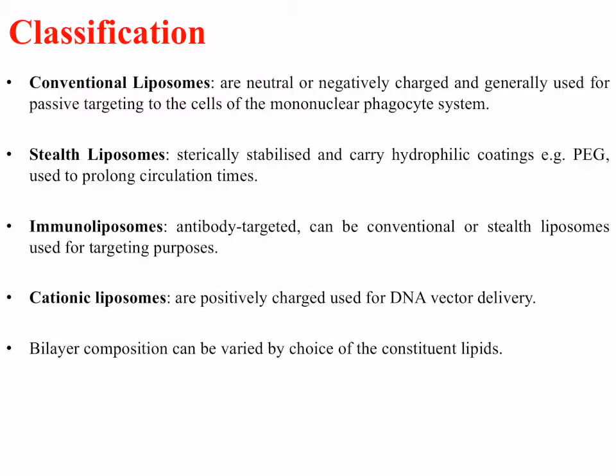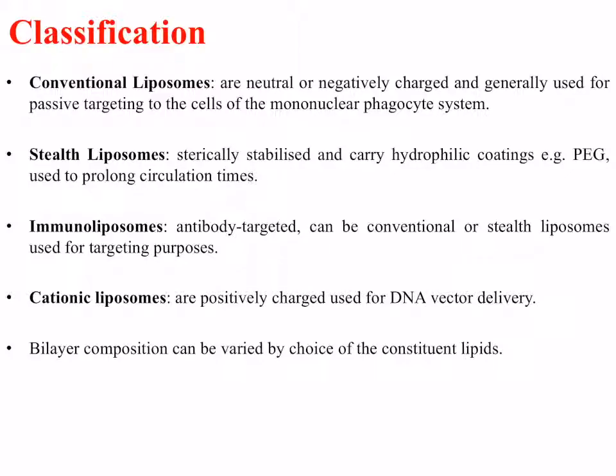They can be classified a number of different ways. We have conventional liposomes, which are neutral or negatively charged and generally used for the passive targeting to cells of the mononuclear phagocytic system. Stealth liposomes can be bonded with polyethylene glycol and used to prolong the circulation times and essentially hinder the take-up by the immune system.